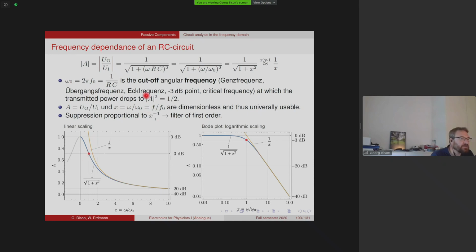This means that the square, so the power transfer function, goes to 1/2. You also see that at larger frequencies, this drops off like 1 over x.